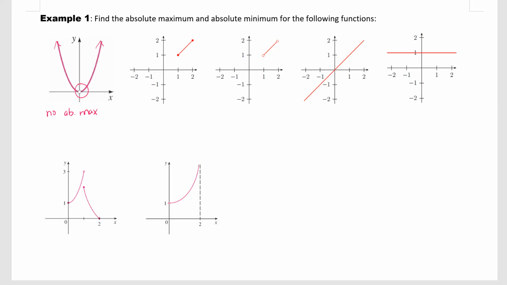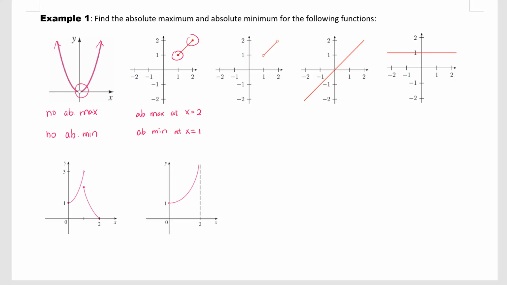Oh, it should be this point, but do you see an open circle there? So it's missing. So no absolute minimum. How about this one? This one is the absolute maximum, so absolute maximum at x equals 2. This is the absolute minimum at x equals 1.